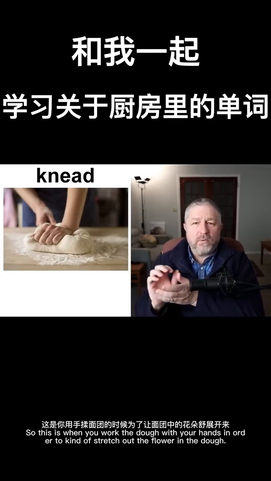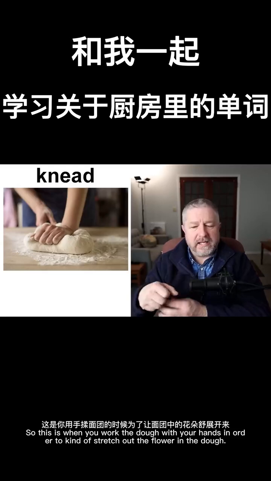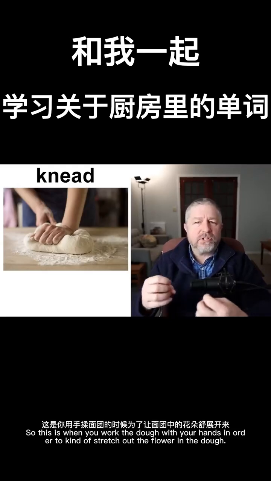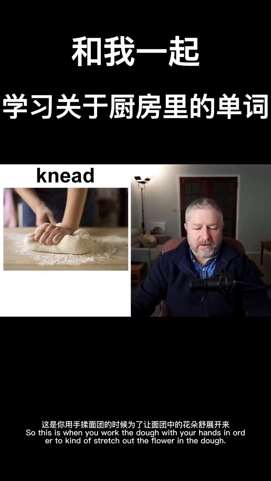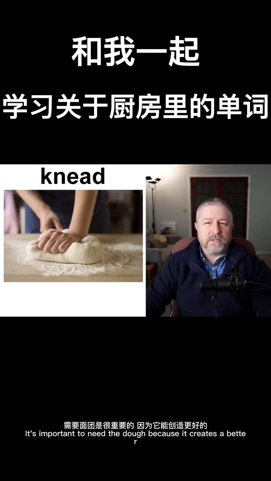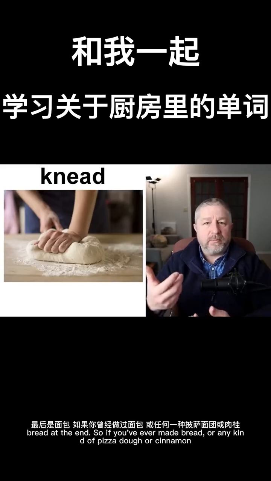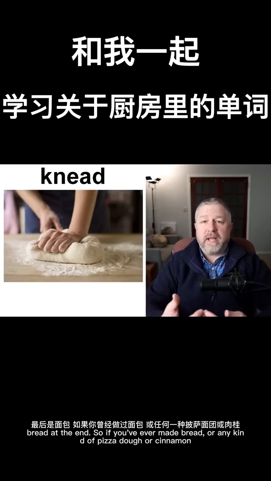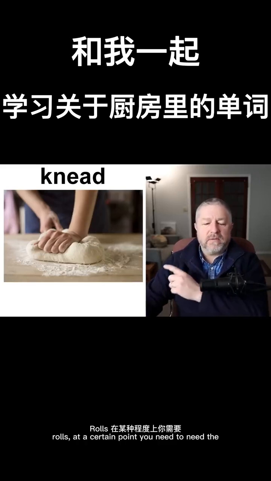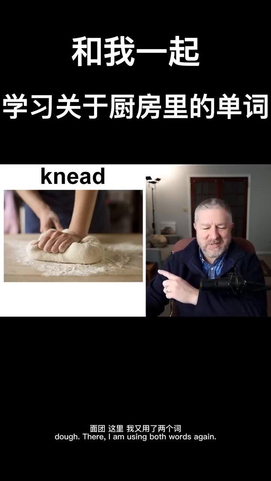So this is when you work the dough with your hands in order to kind of stretch out the flour in the dough. It's important to knead the dough because it creates a better bread at the end. So if you've ever made bread or any kind of pizza dough or cinnamon rolls, at a certain point you need to knead the dough. There I am using both words again.